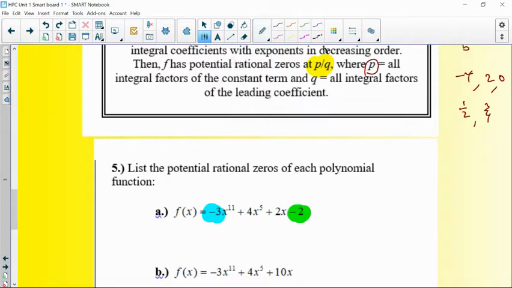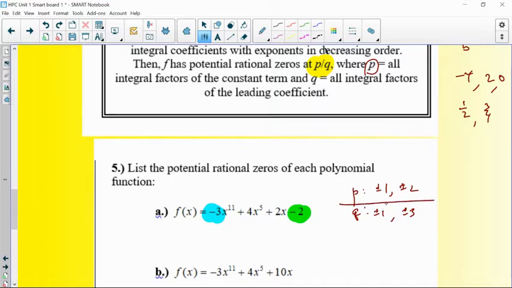So off to the side, I could say P could be ±1 or ±2, because those would be values that divide into -2. My Q would be all the values that are integral factors of -3. So that's ±1 or ±3.